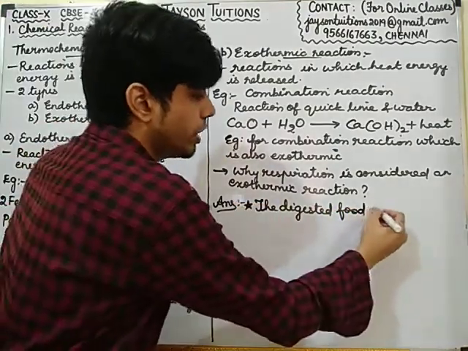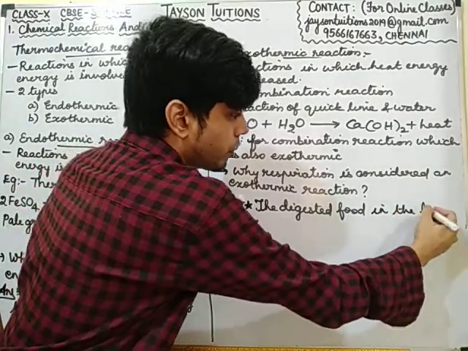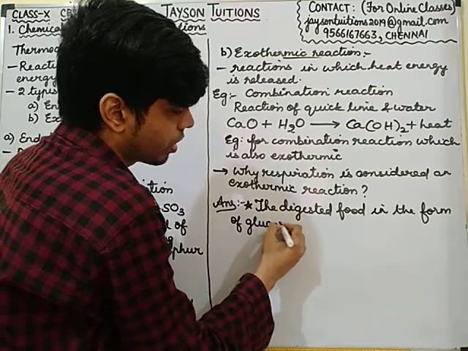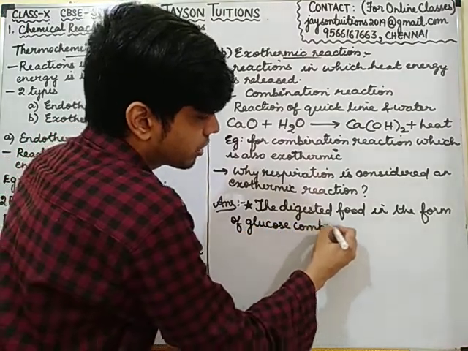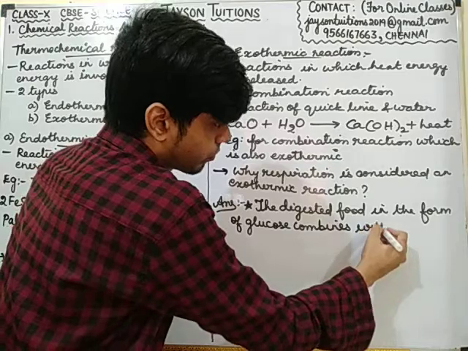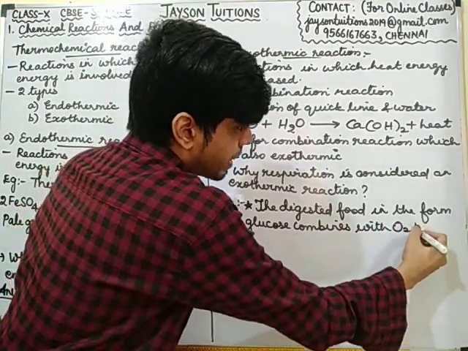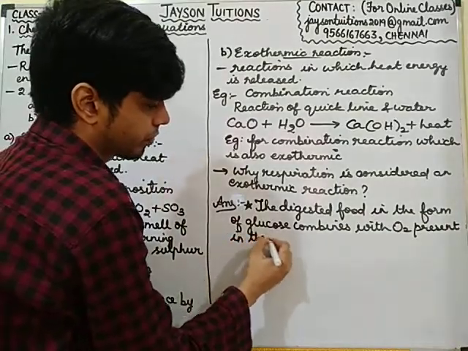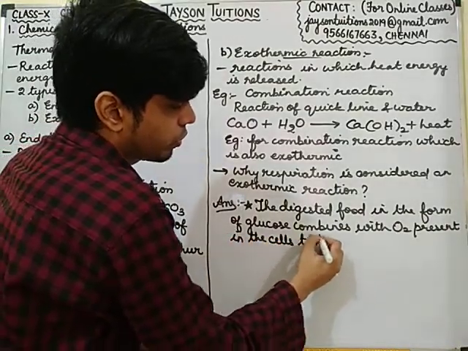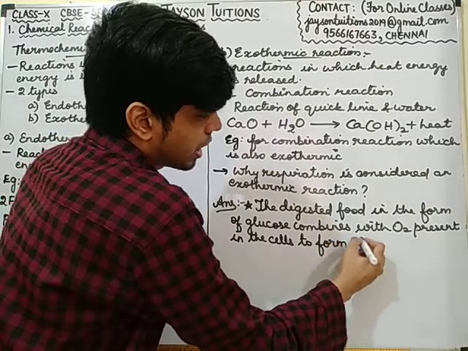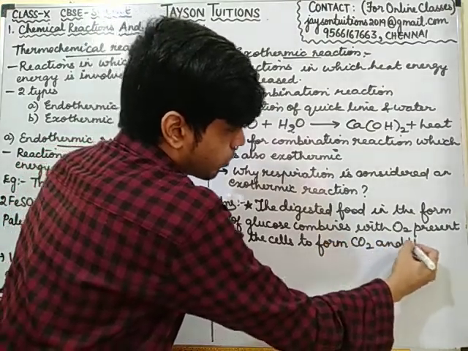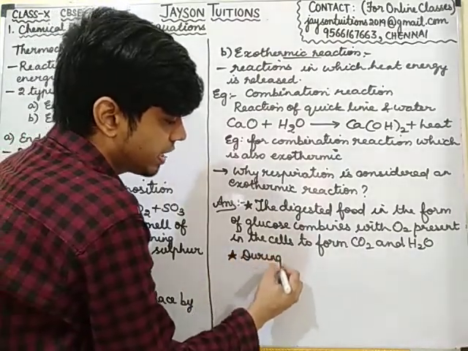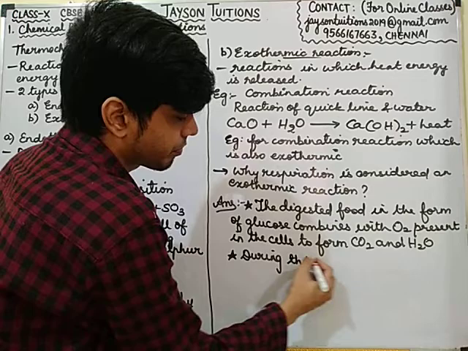The digested food in the form of glucose combines with oxygen present in the cells to form carbon dioxide and water. During this process, heat energy is released.